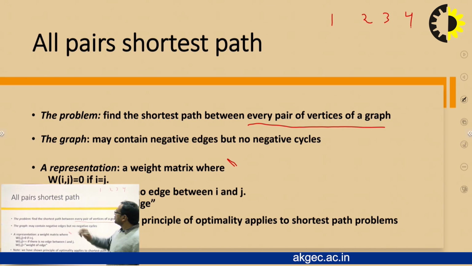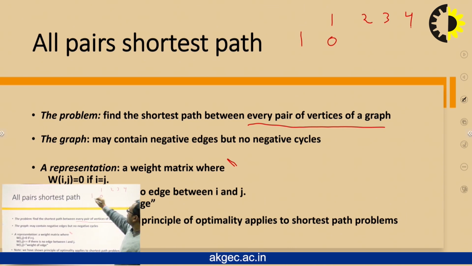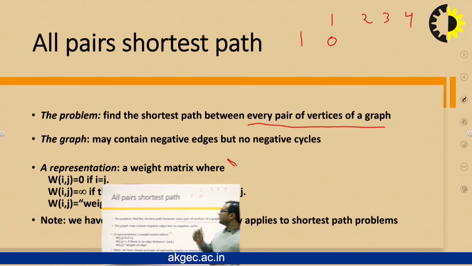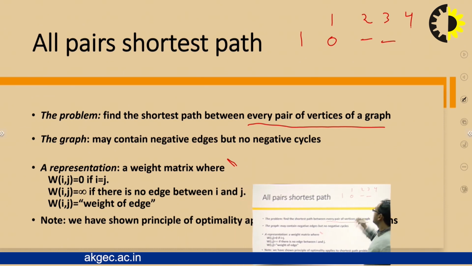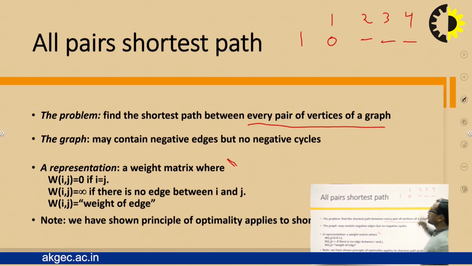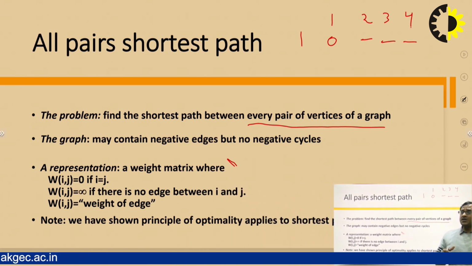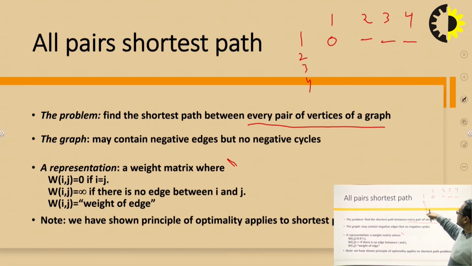We have to find the shortest path between all the pairs. 1 to 1 is basically 0. For 1 to 2, the minimum cost should be written here. For 1 to 3, the minimum cost should be written here. For 1 to 4, the minimum cost should be written here. This is the way every node in the adjacency matrix has a minimum cost to every other node. This is the problem.